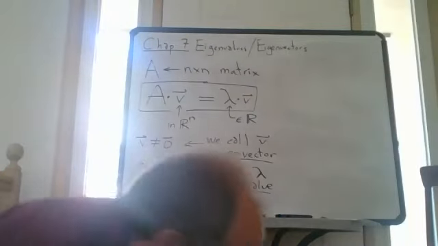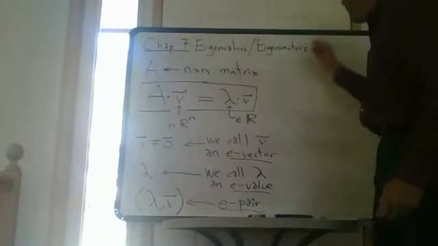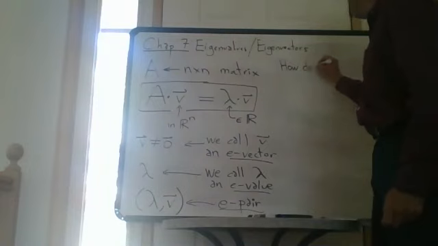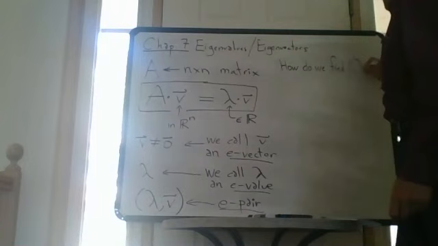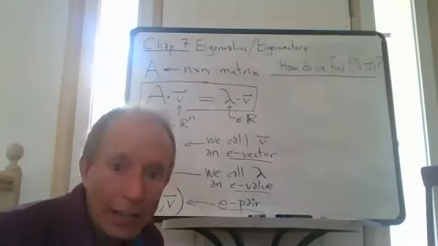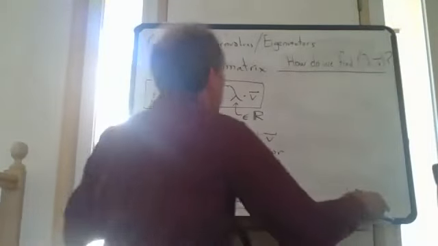But the computational part comes when we start looking at the following question: how do we find these eigenpairs? I could give you an easy enough example. I could make something up.